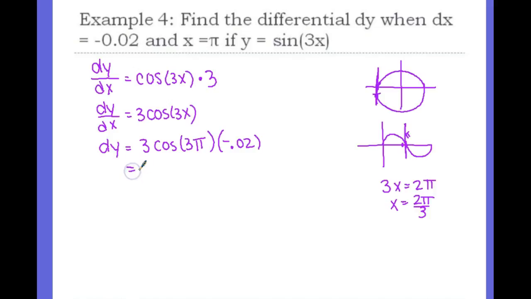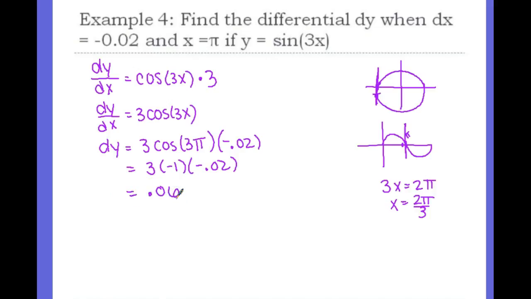So what do you know about the cosine of 3 pi? Think about your unit circle. That's going to put you right back here at pi, so it's negative 1. So you get 3 times negative 1 times negative 0.02. So 3 times negative 1 is negative 3. Negative 3 times negative 0.02. Yep, exactly, 0.06.